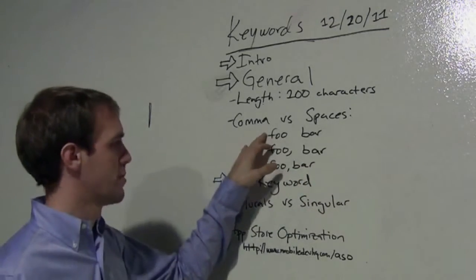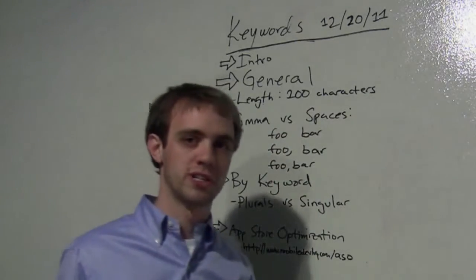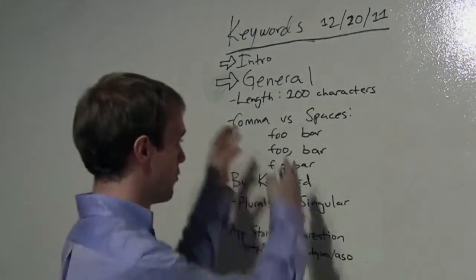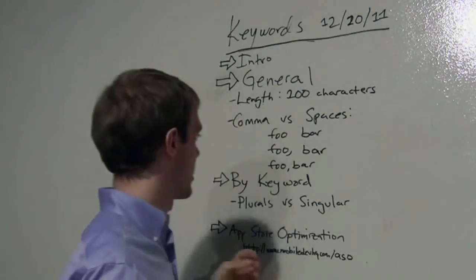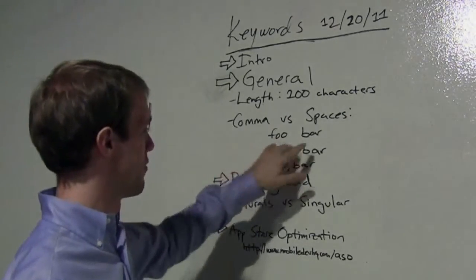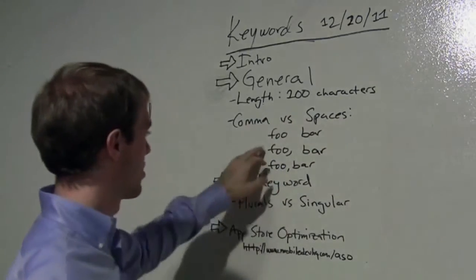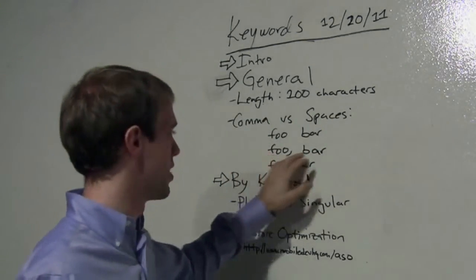In the first option, foo space bar is bad because Apple won't necessarily know if this is one keyword that is just foo bar and you want to only rank for the search term foo bar, or if it's 2 keywords that you care about, which is foo and bar. The second one is bad because you're making it more explicit that this is foo and bar.